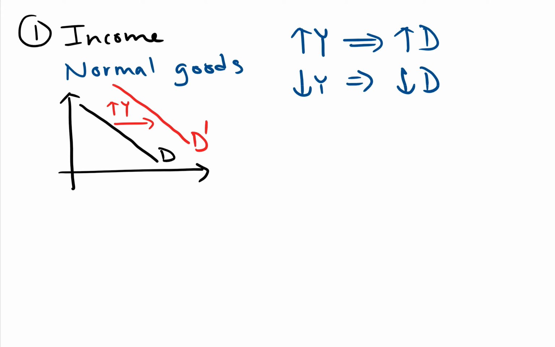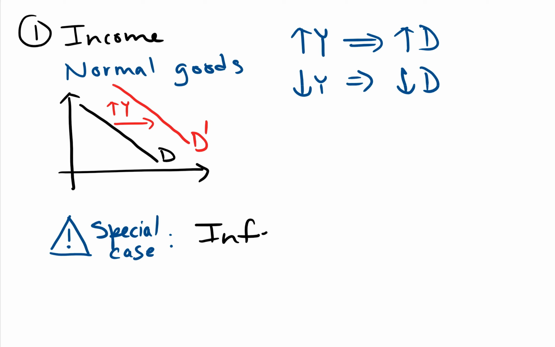There is a special case that we can see. I'm going to put a little warning sign that this is special. Lots of students become obsessed with special cases, and they spend all their time thinking about them and don't remember the normal case. But this does happen sometimes.